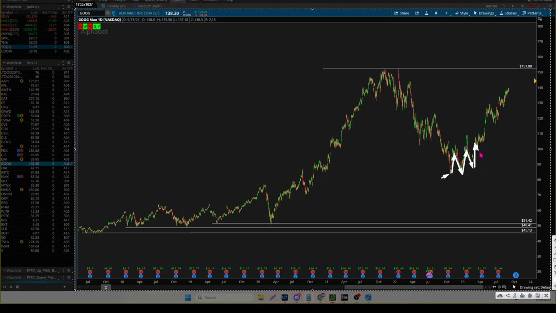Run, rest, run, rest, run. And so here we expect it to either run or rest in this area right here. That is run, rest, run price action. So simple and extremely pretty if you know how to trade it.